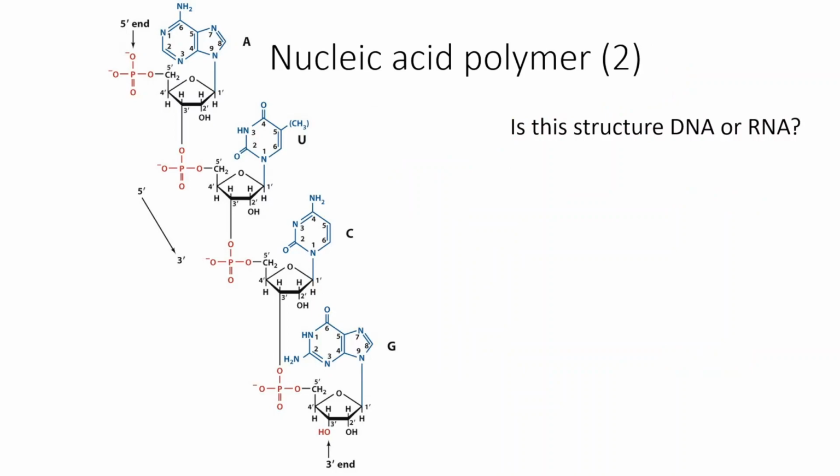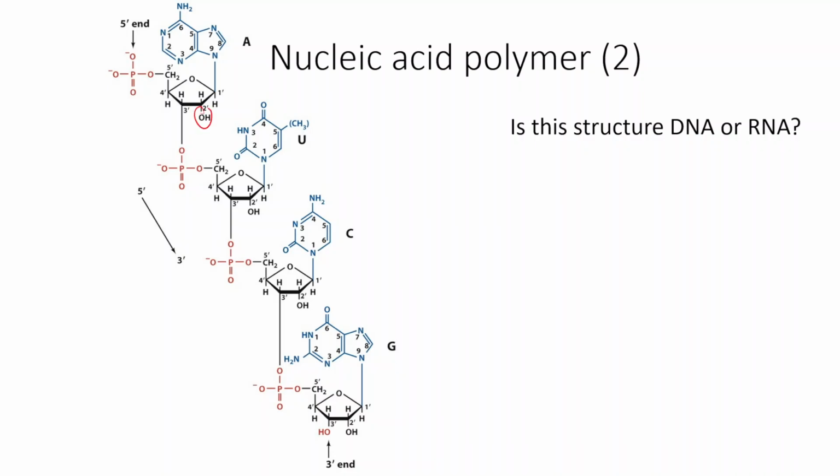So here we have a polymer of nucleic acids. This is definitely a little bit busier looking than the one we were just looking at a couple slides ago. So we have 4 different nucleotides here, right? So first of all, can anyone tell me, is this DNA or RNA? Yeah. It is RNA. How do you know that? Exactly, yeah.